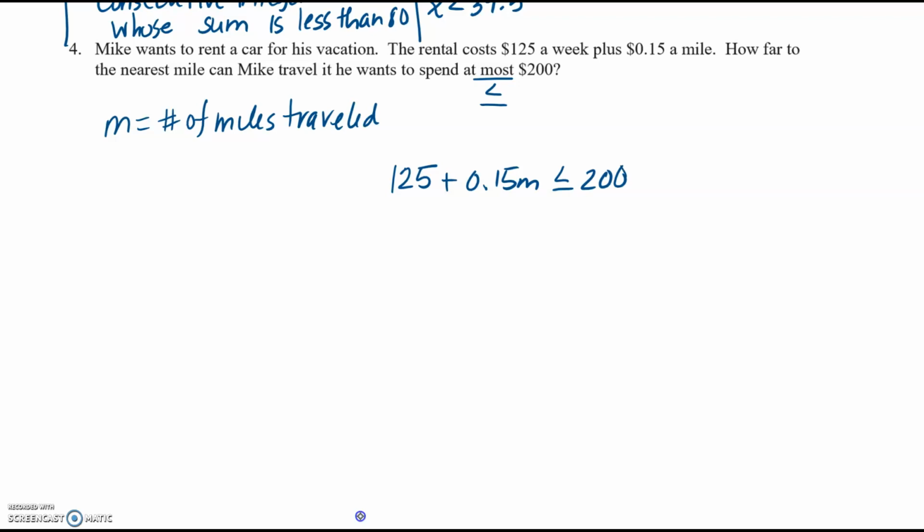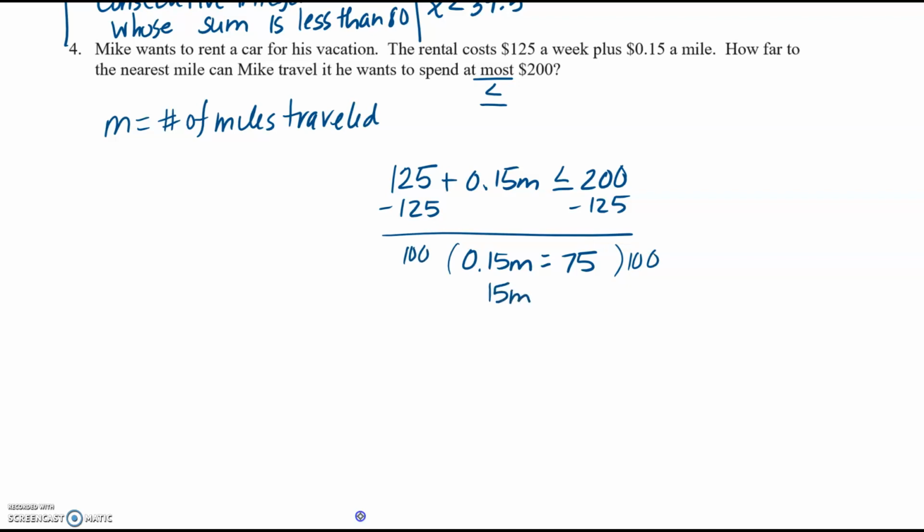Again, I want to get rid of the decimal. I'm going to do it at a different spot, I think. So I'm going to subtract 125. I'm going to get 15 hundredths m equals 75. So maybe here, multiply by 100 and get 15m equals 7,500.